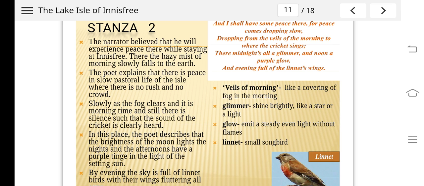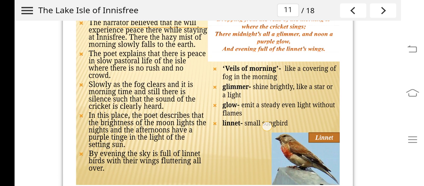In this place, the poet describes that the brightness of the moon lights the nights, and the afternoons have a purple tinge in the light of the setting sun. By evening, the sky is full of linnet birds, with their wings fluttering all over.